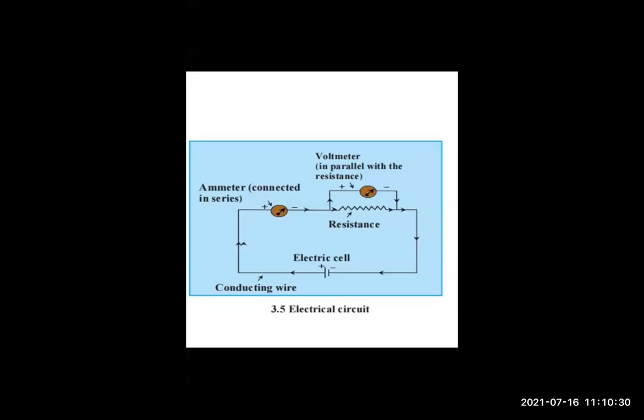In C, the bulb is not broken, the wire is not broken. Okay, the circuit is complete. Still, what is the mistake in diagram C? Anybody? Bulb is not on. Very good, Harshit.